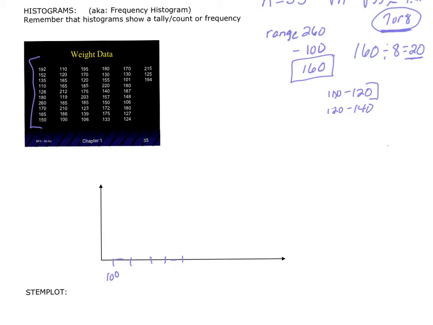My lowest value is 100, so I know I want to include 100. But what that really means is that I'm going to adjust on this other end. So really I'm going to go from 100 up to 119. And then I'm going to start here and include 120 in this next interval, and go up to 139.